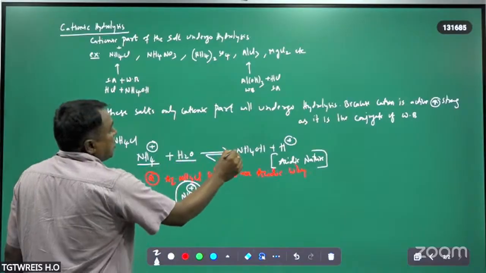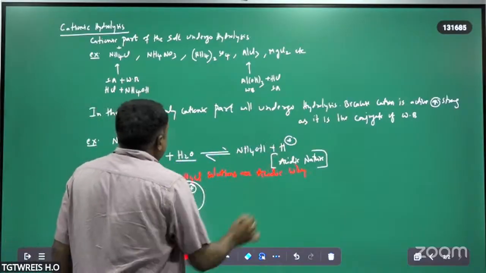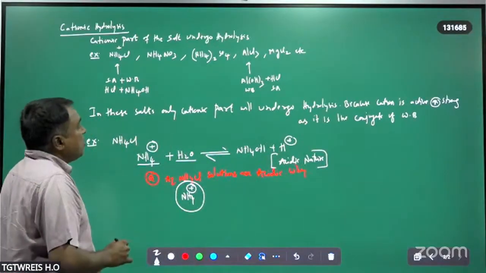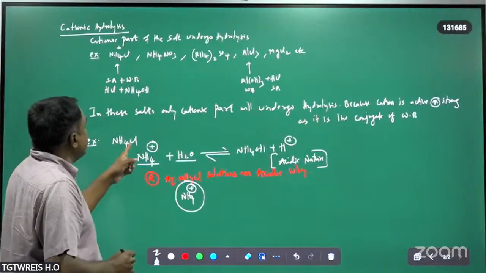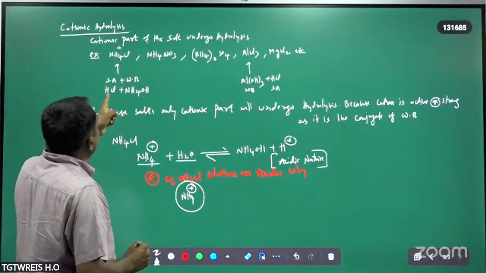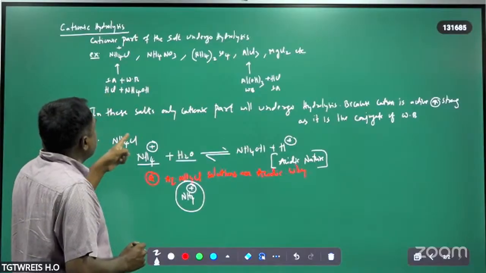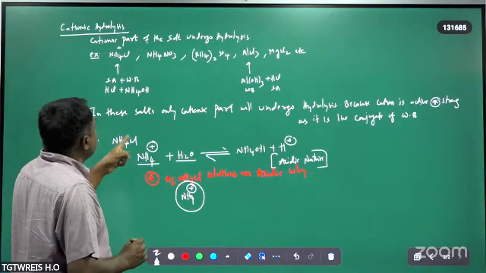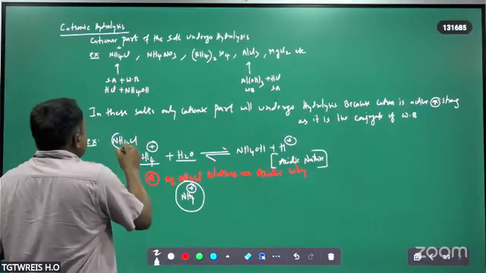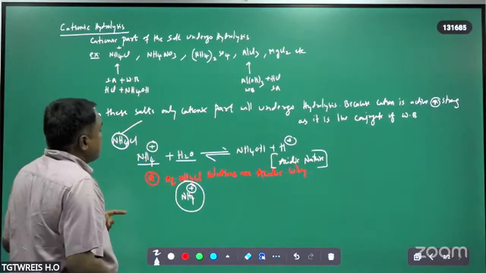NH4+ plus water gives NH4OH plus H+. Why is Cl- not undergoing hydrolysis? Because it is the conjugate of a strong acid. A strong acid's conjugate is weak. That's why Cl- never undergoes hydrolysis. Only this part of the salt is undergoing hydrolysis.